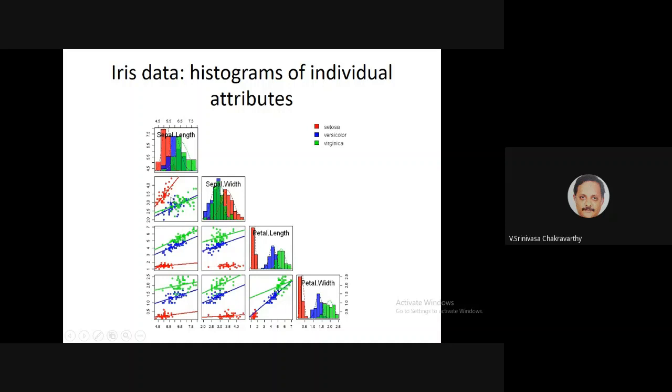The scatter plots are drawn comparing different attributes for all 4 attributes, and once you draw the scatter plot, they've also fitted lines through it. Since there are 4 features, if you draw the combinations you have 4 by 4. But since it's symmetric, it's enough to look at the lower triangular matrix. So here you see all possible scatter plots and lines fitted through them.